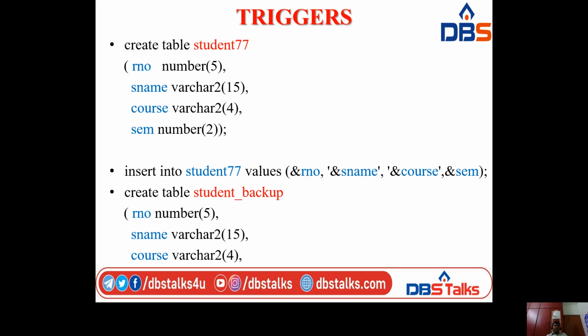This is the table we are creating with roll number, name, course, and semester. Here we are using insert into student77 values, inserting some set of values. Create table student backup, with roll number, name, course, etc.